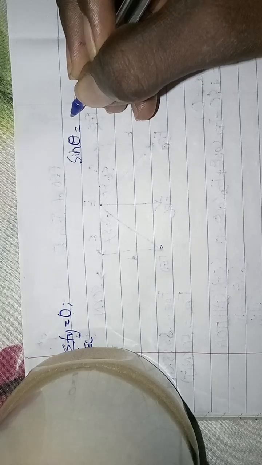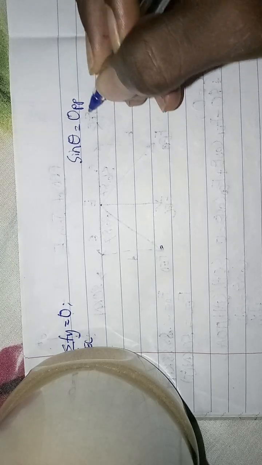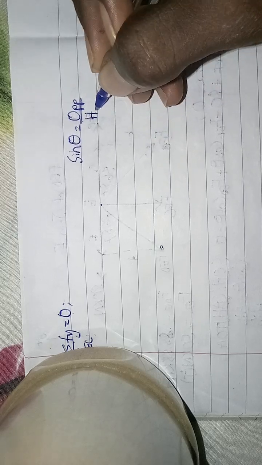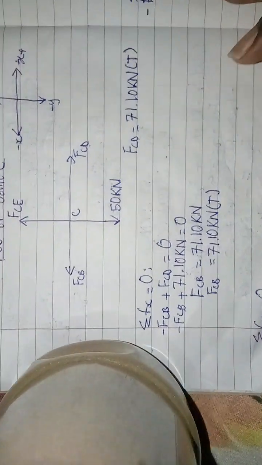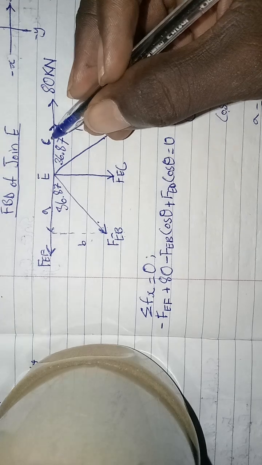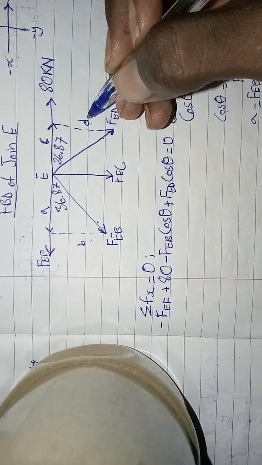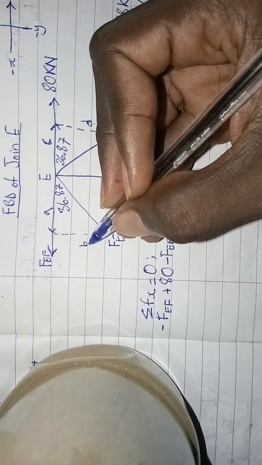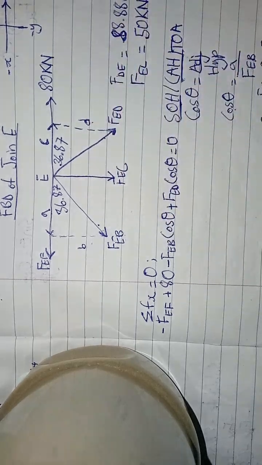The opposite is B, and the hypotenuse is force EB.